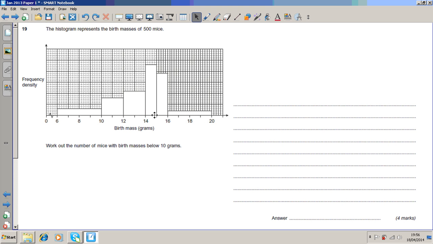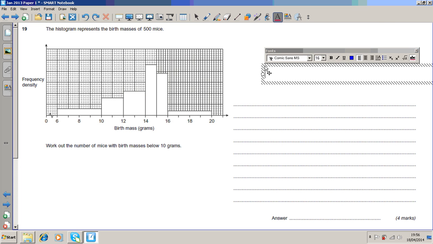So if I had strips this width going all the way up, it would go up 100 places. Okay, now each square then, or each square high for that strip is going to have to represent 5, because 500 divided by 100 equals 5.